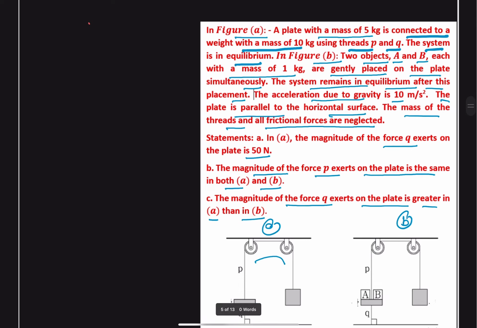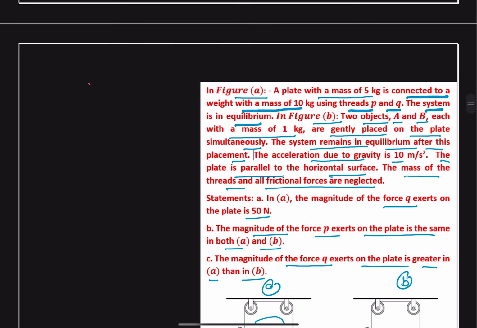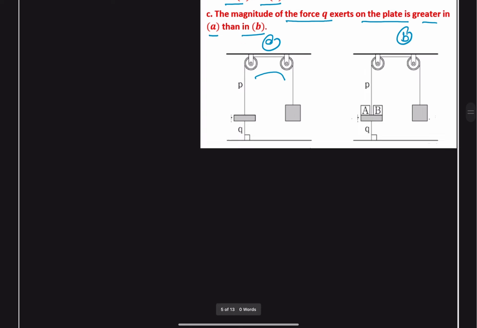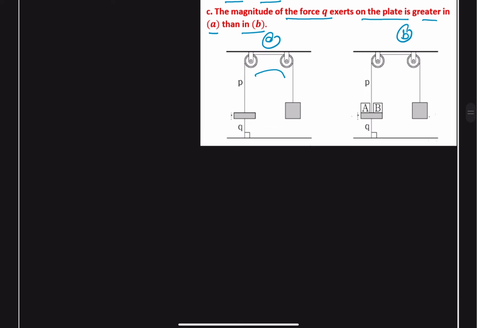The plate mass is 5 kg, and they are connected with this string. In figure B, additional masses A and B are placed on the plate, and in both cases the entire system is in equilibrium.